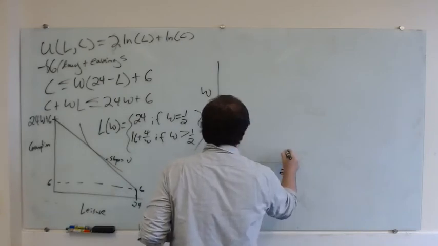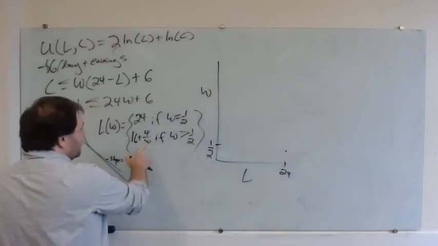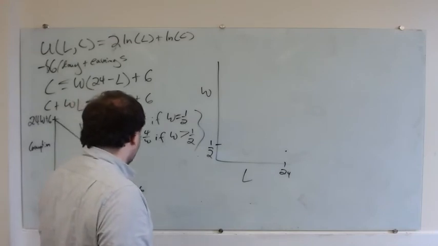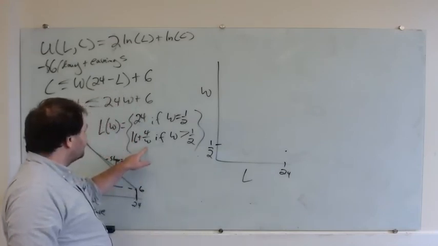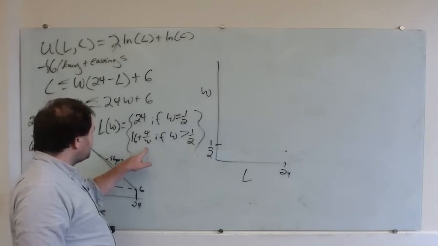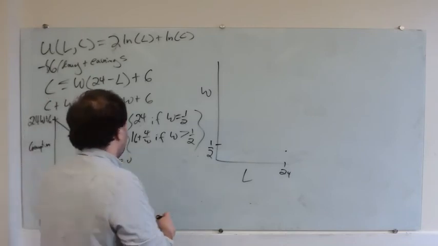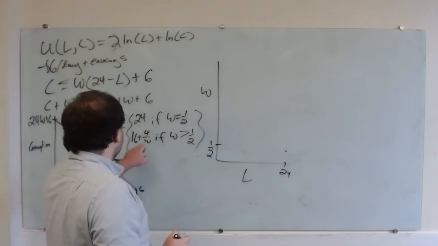Right, and then it's going to be 16 plus 4 over W if W is greater than 1/2. So at a wage of 1/2, that's going to be 16 plus 8 is 24.